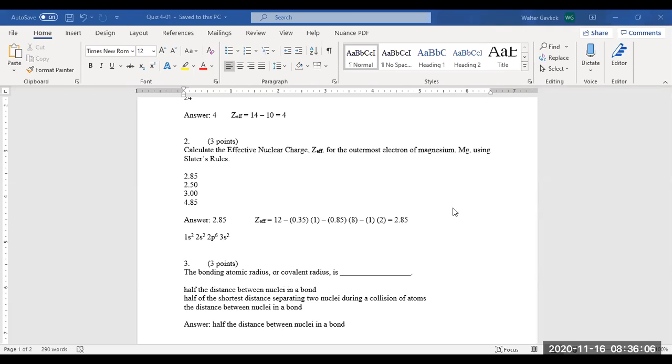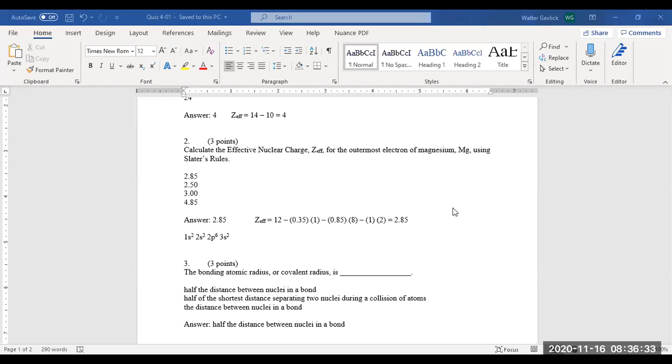And so those rules tell us that it's 0.35 times the number of electrons that are in that outer shell, n number. And so we don't count the electron that we are calculating for. So in this case, we have 2 3s electrons, so we're looking at one of those. So it means we only have one that we use in our calculation.